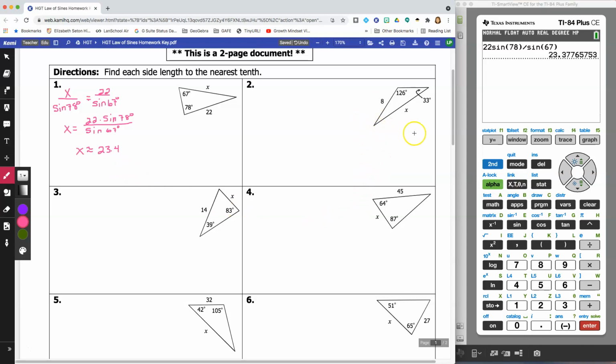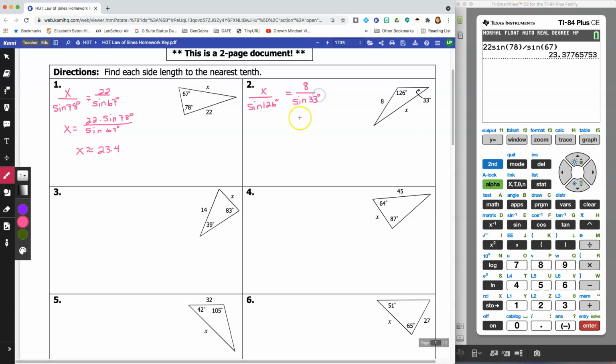Question number 2. Again, x is across from the 126-degree angle, and 33 degrees, while it could be a little bit difficult to see in an obtuse angle, is the angle across from the side that has a length of 8. Again, because x is my unknown, I want that in the numerator. So x over the sine of 126 degrees is equal to 8 over the sine of 33 degrees.